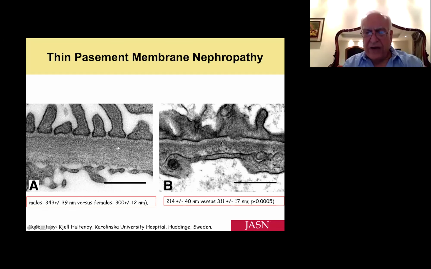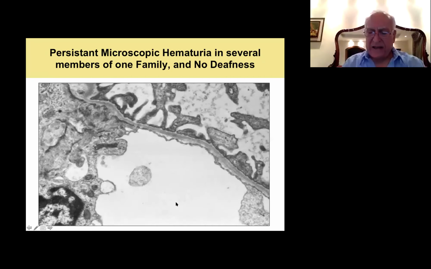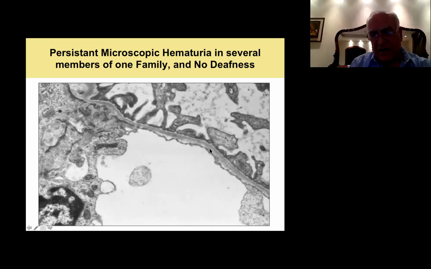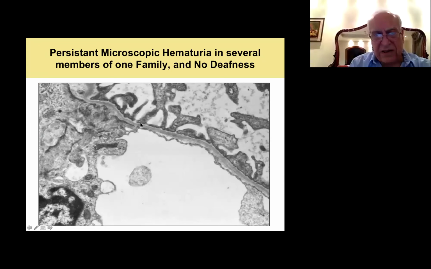When you have less than that, around 214 plus or minus, we call it thin basement membrane disease, like you see in this pattern. See how thin. Compare this foot process base to this, it's double. So that means you are dealing with thin basement membrane disease.